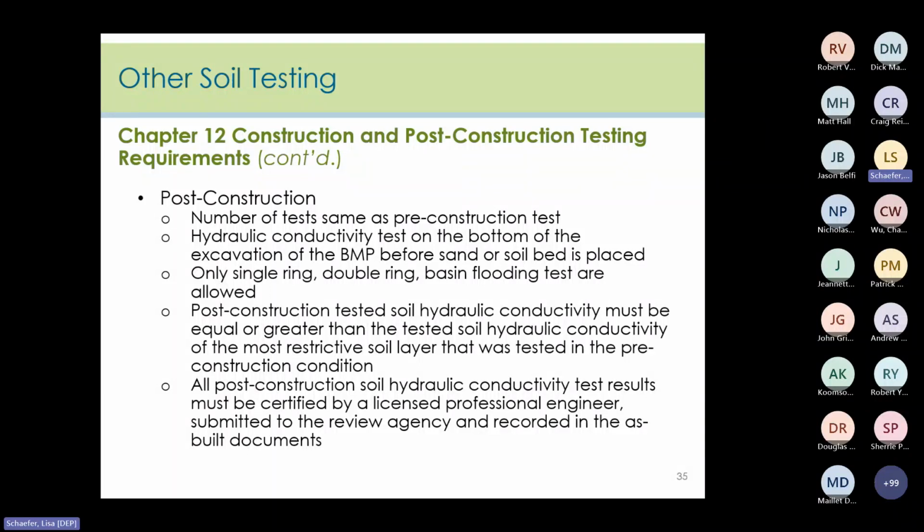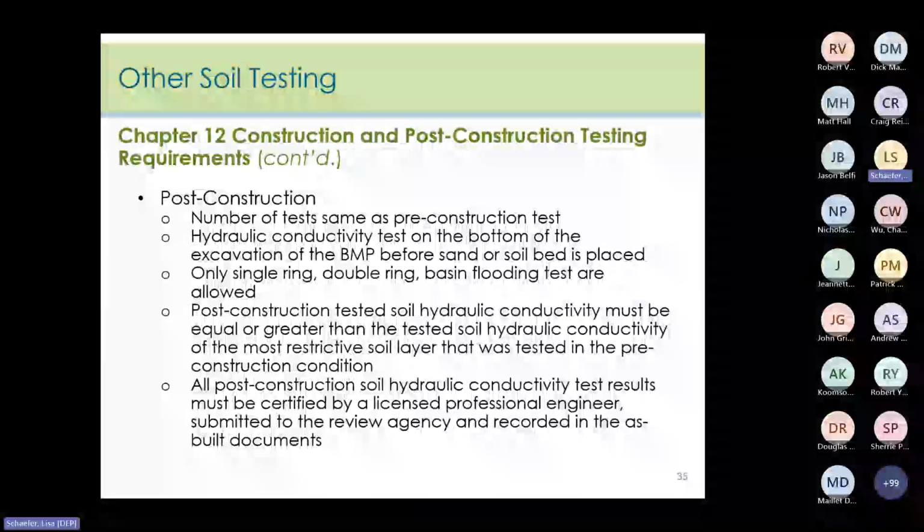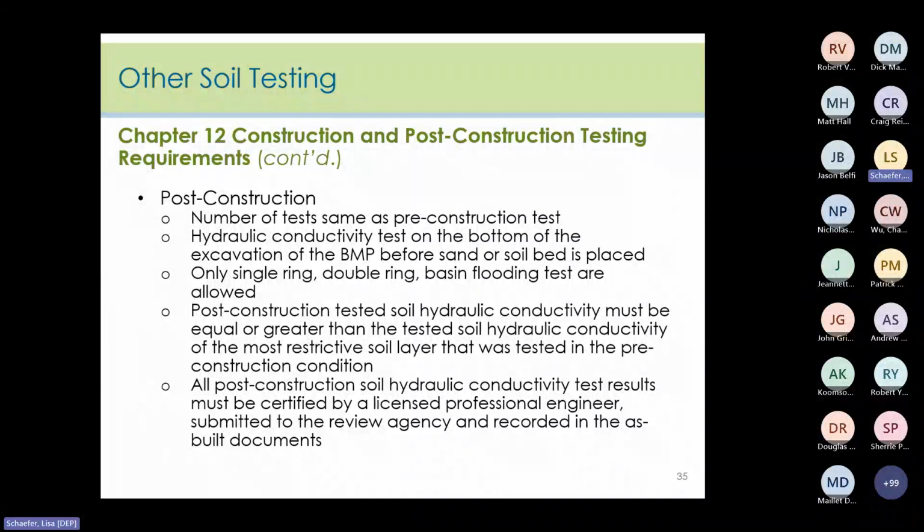All right, such testing must be carefully undertaken when all BMP construction that may affect soil hydraulic conductivity has been completed. This includes the use of all construction equipment and the placement of all construction material that may affect the soil hydraulic conductivity.